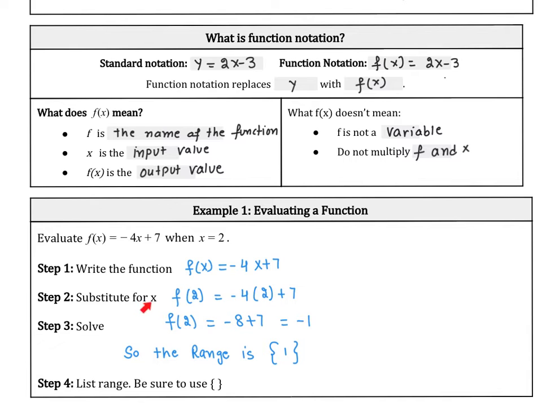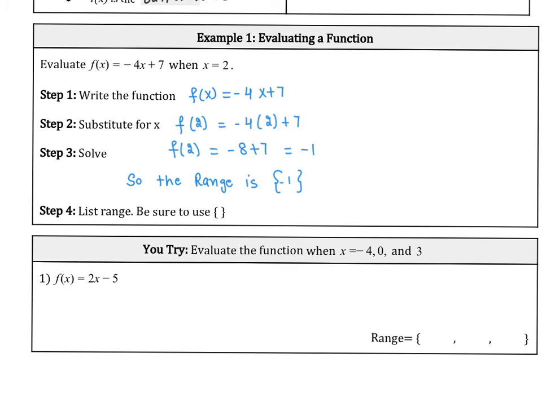So f(2) = -4 times 2 plus 7, which is -8 + 7, so f(2) = -1. Your range is -1 when x equals 2.